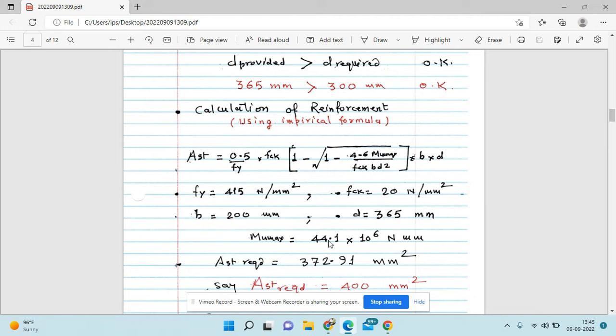There are two methods for calculation of the reinforcement for the beam.